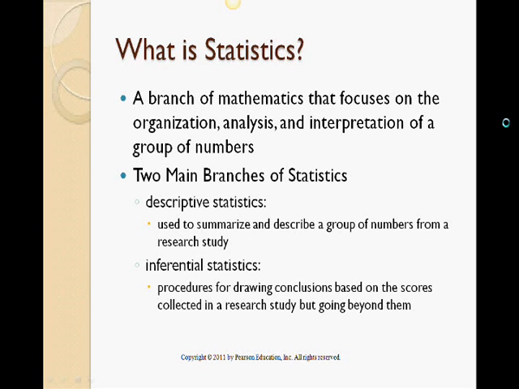For example, my position at Belmont Abbey College is Director of Institutional Research, and what I do is basically descriptive statistics. I give information about our students and our programs to internal and external people who request information.